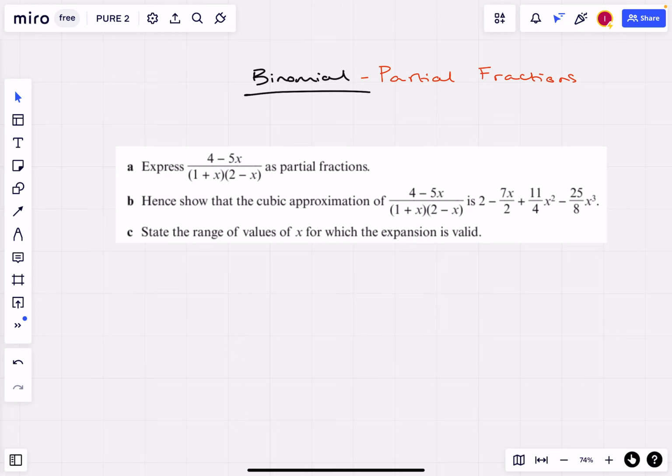Part A, you've got a fraction. I want you to try and express it in partial fractions, please.